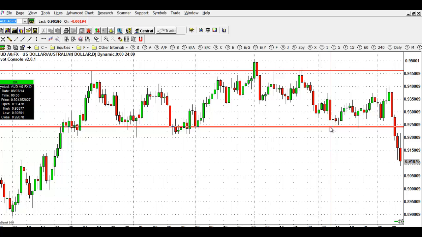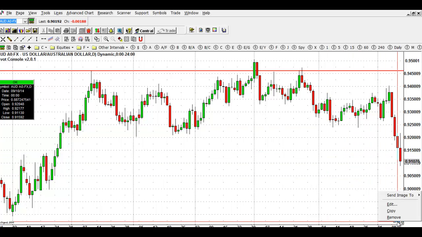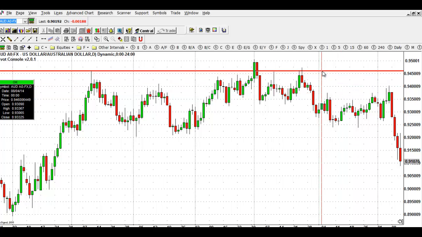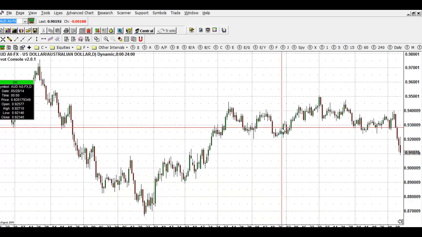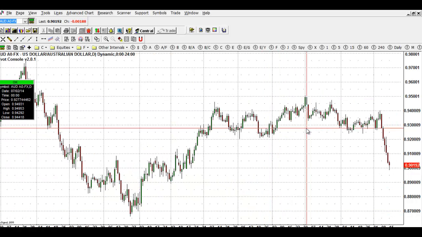Let me just remove some of these lines to show you the pattern here. Okay. So this is the daily chart of the Australian dollar, and we see that the market formed a head and shoulders type pattern, this could be interpreted as the shoulder, head, and the market broke out of this pattern.